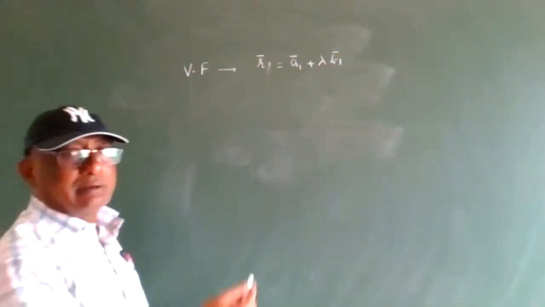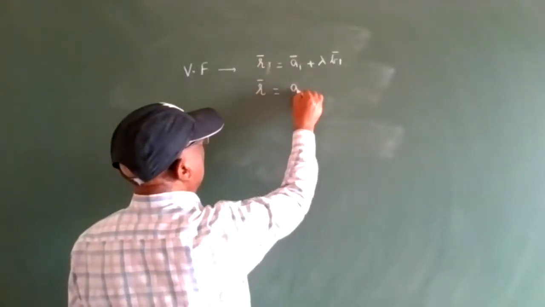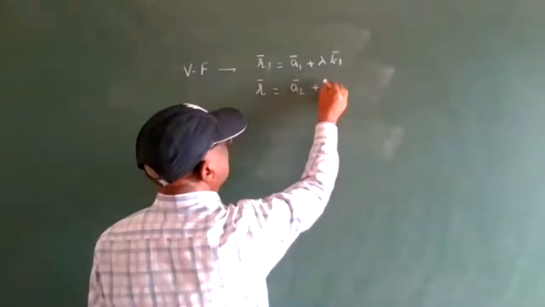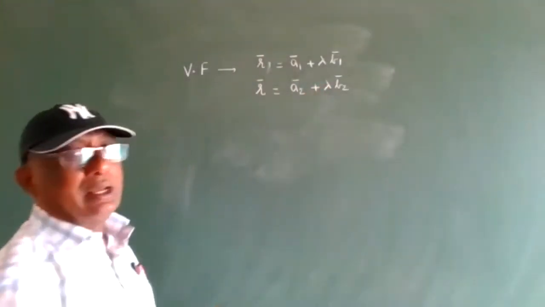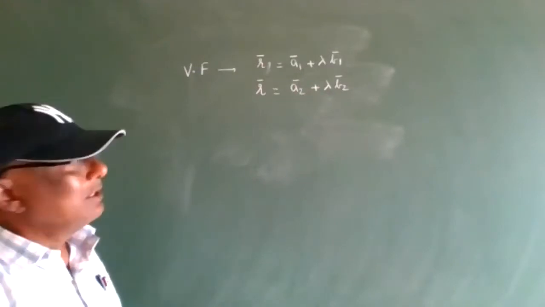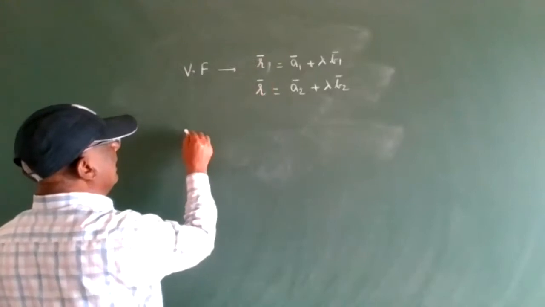Another vector equation is R bar equals A2 bar plus lambda into B2 bar. This is the second vector form equation. So this is one line equation and this is the other line equation.